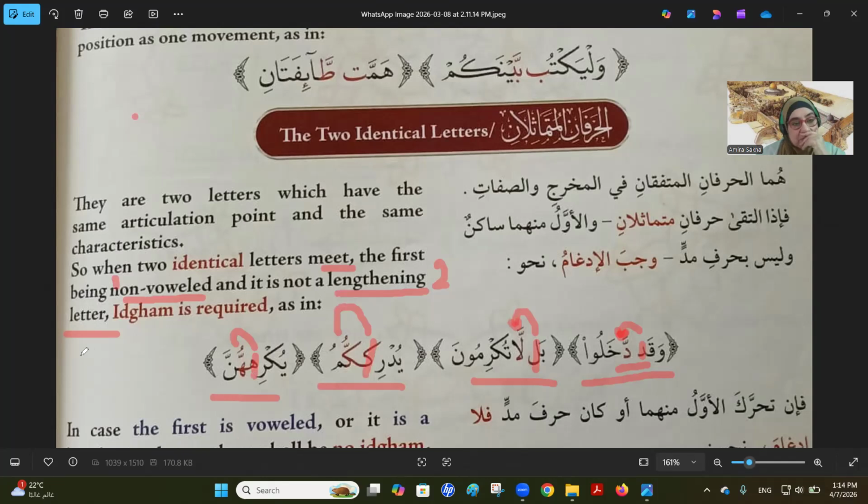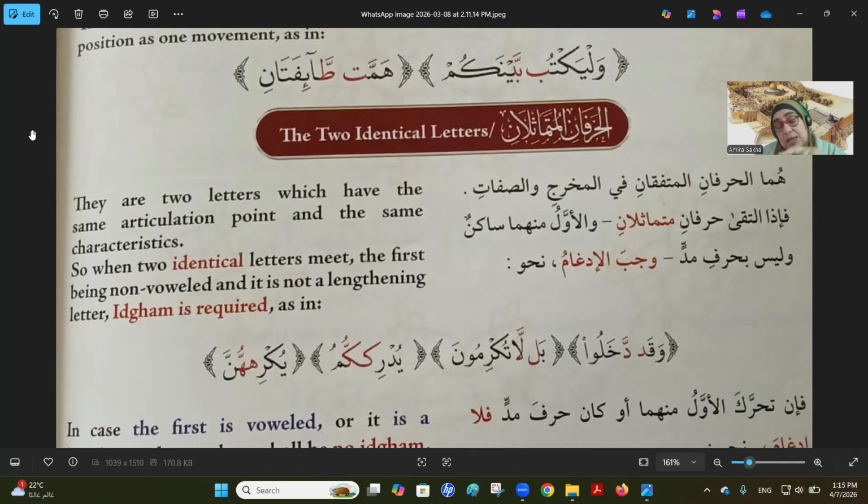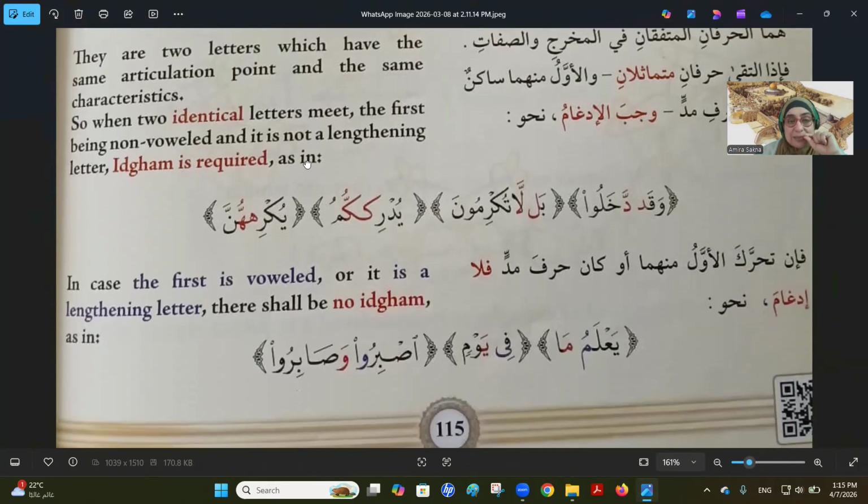Okay. So we said that the full merging will happen if two letters are identical, same articulation point, same characteristics, like ba, mim, lam, kaf, whatever, with two conditions. The first one is that the first letter is sakin, not voweled, and the second one is voweled, having a short vowel. The second condition is that the first letter is not a lengthening or a mad letter.